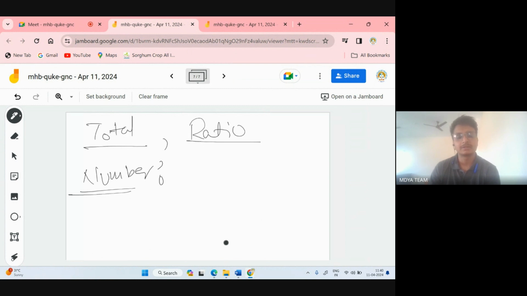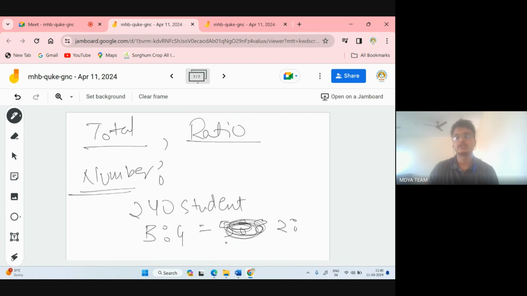For example, the total number of students is 240. The ratio of boys and girls is 2:3. 240 students are there. Now you have to calculate the number of boys and the number of girls.